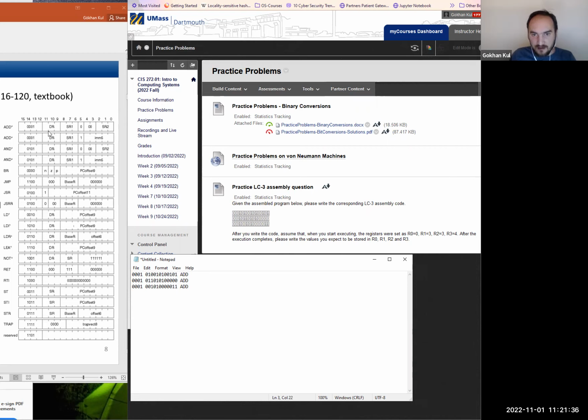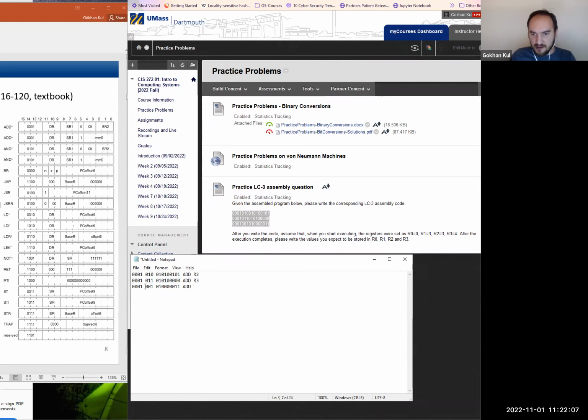And then the next three bits are the destination registers. This 010 corresponds to R2. Let me check the next. This 011 corresponds to R3, right?